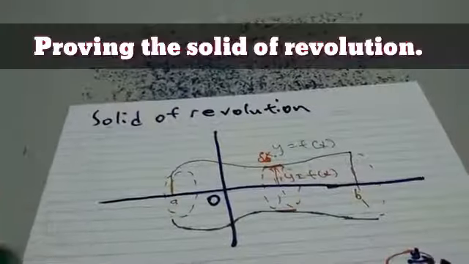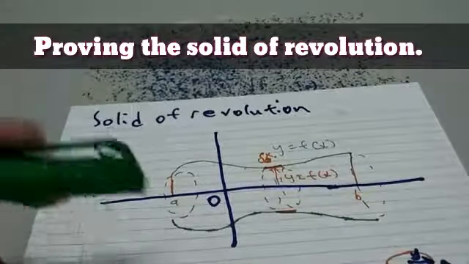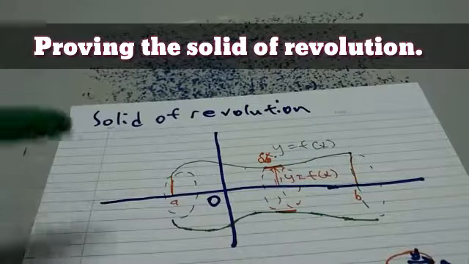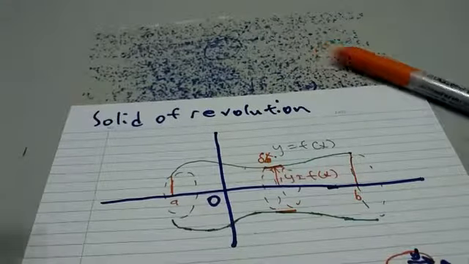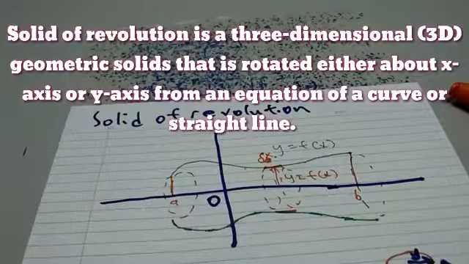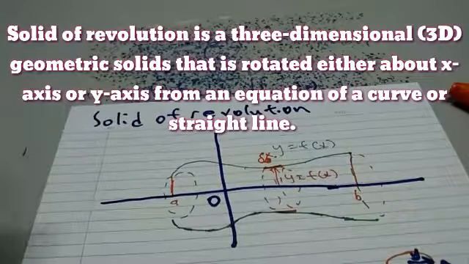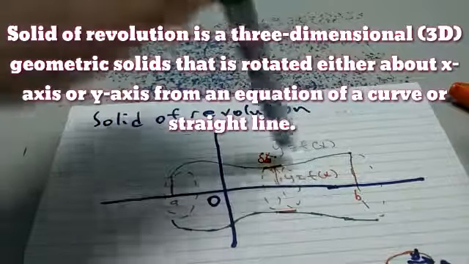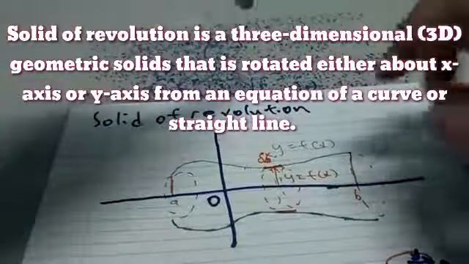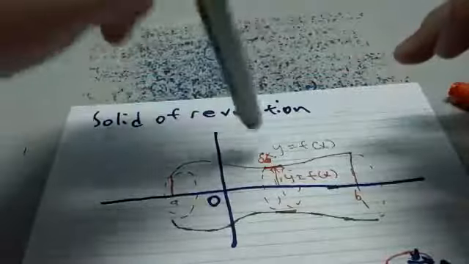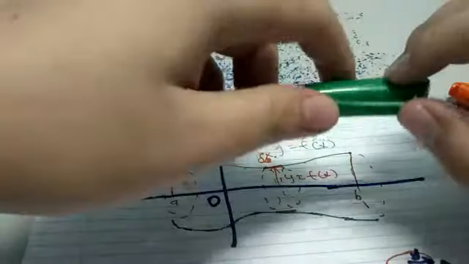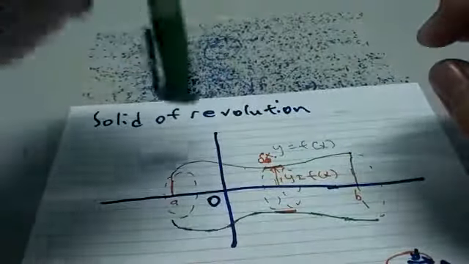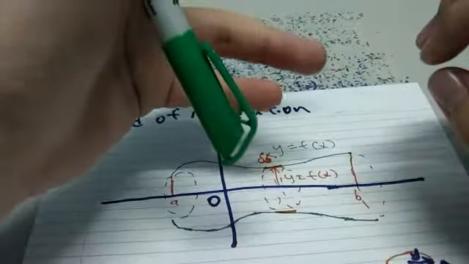Now let's talk about how we can find the formula for the solid of revolution. Let's say we take part of a whole geometric solid, and the length of that part I will call delta x.